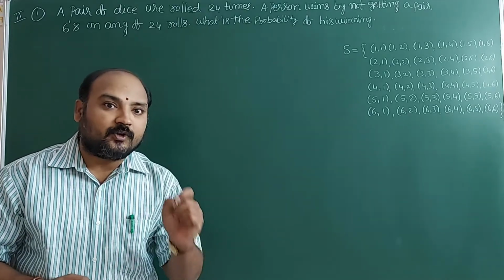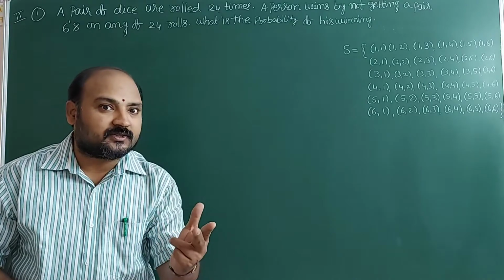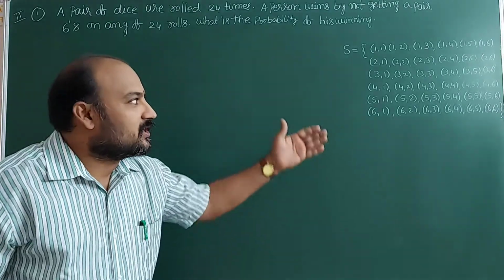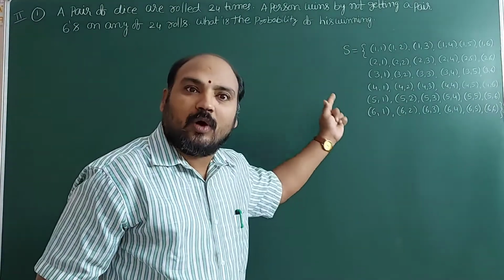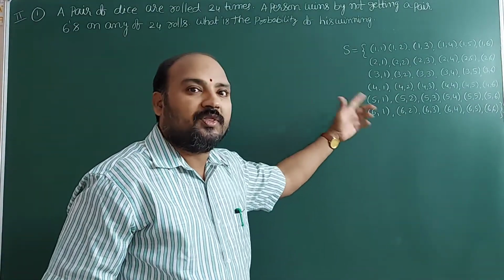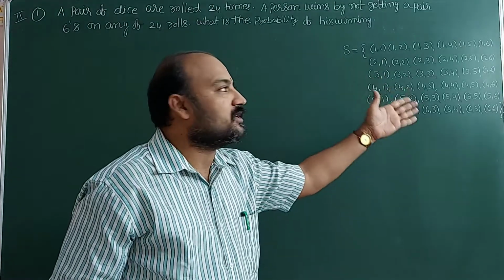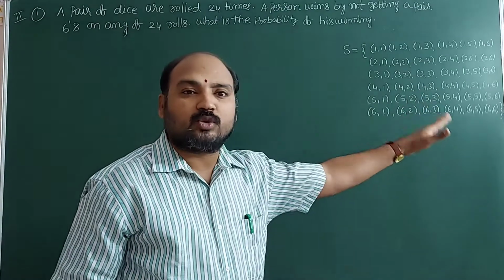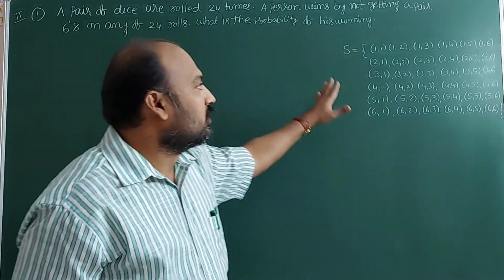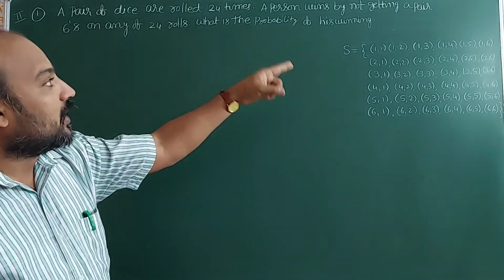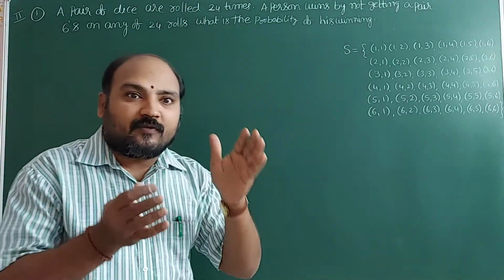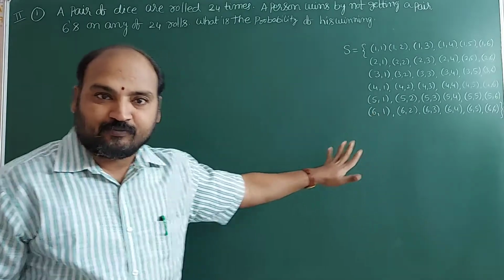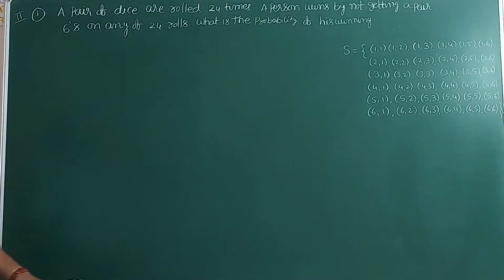If you throw 2 dice at a time, these are the possibilities we are going to get: 1,1; 1,2; 1,3; 1,4; 1,5; 1,6. Like this 2,1; 2,2 and so on. 6,1; 6,2; 6,3 and so on. 6,6. So like this, 2 dice, that means a pair of dice. If you throw a pair of dice, you will get 36 possibilities. So first, n of S you have to write.